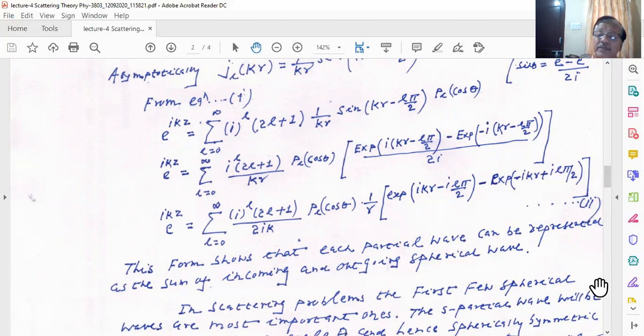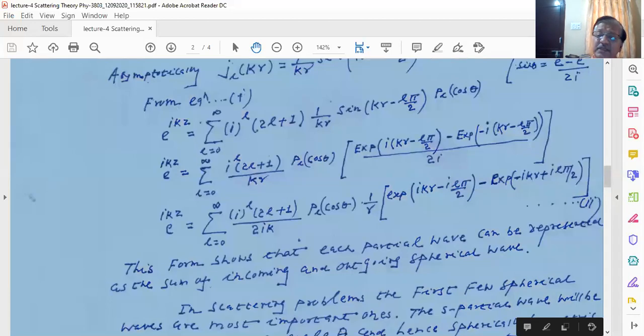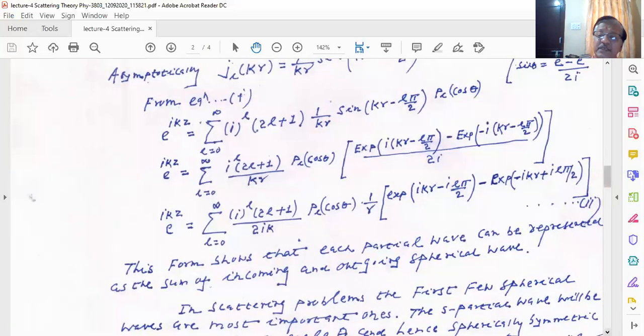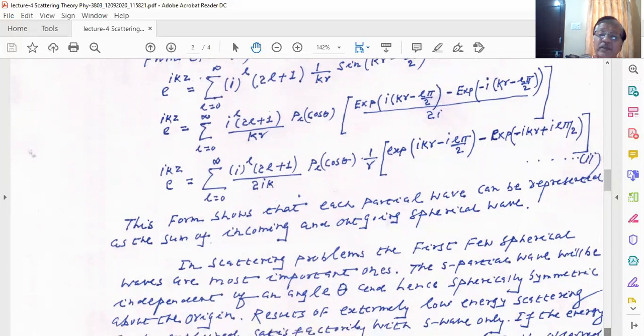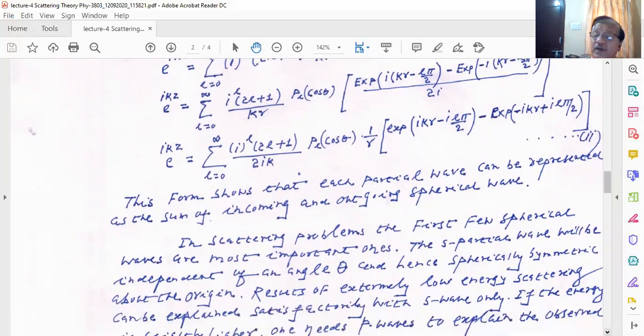Our basic problem today is that we want to study the partial wave analysis. So before we study the partial wave analysis, let us see some interpretation of this equation. In a scattering problem, the first few spherical waves are very important.